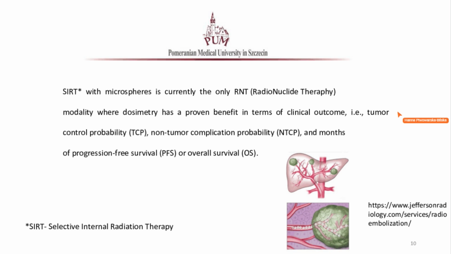It produces beta radiation, which provides very precise radiation to the tumor cells, and the impact to healthy tissues is minimal. So microspheres are introduced to the tumor, and the vessels provide the agent.